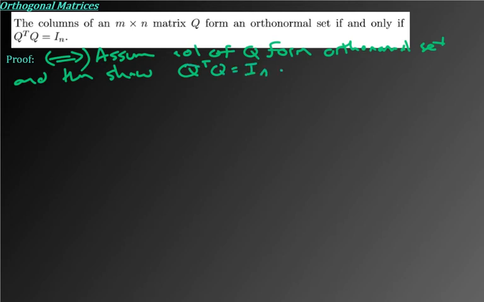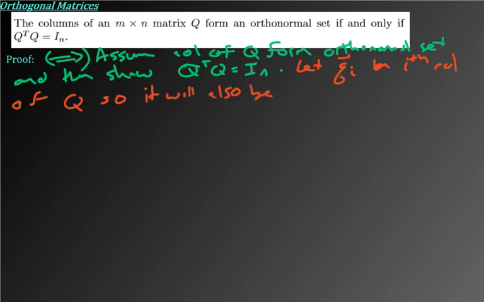I'm going to start off and say let lowercase q sub i, that vector, be the ith column of Q. So it will also be the ith row of Q transpose, just because of how Q and its transpose work.